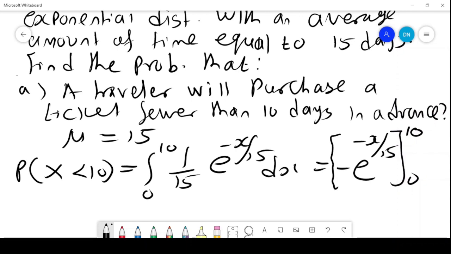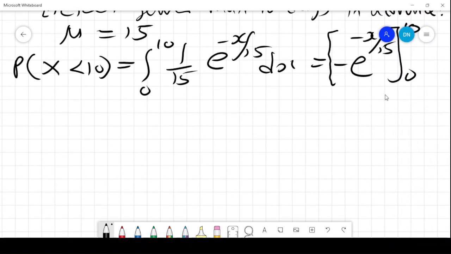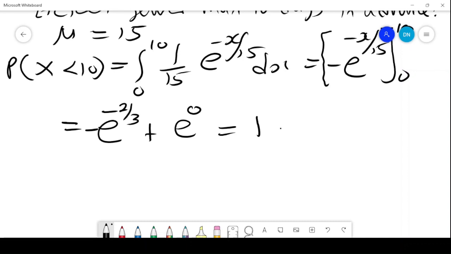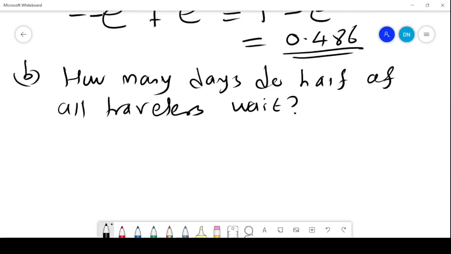This gives me e raised to the power negative 10 over 15, which is negative 2 over 3, plus e raised to the power 0. So it is 1 minus e raised to the power negative 2 over 3, and that will give us 0.486.